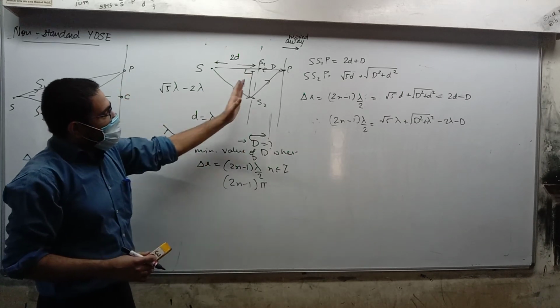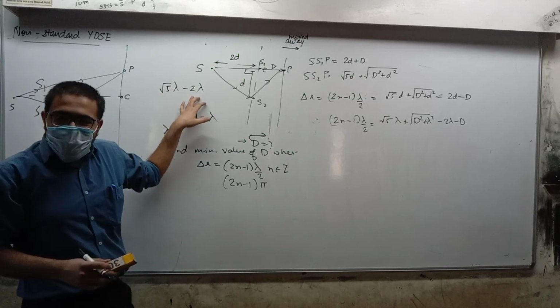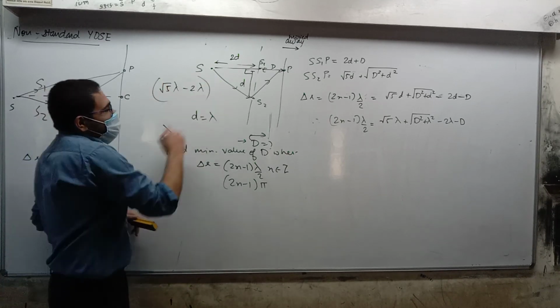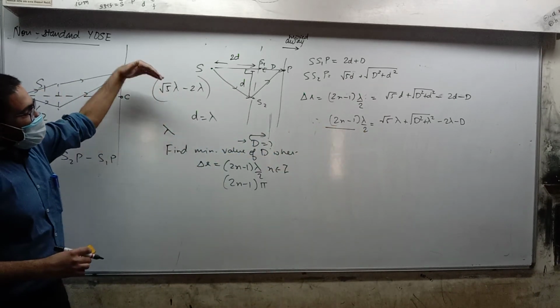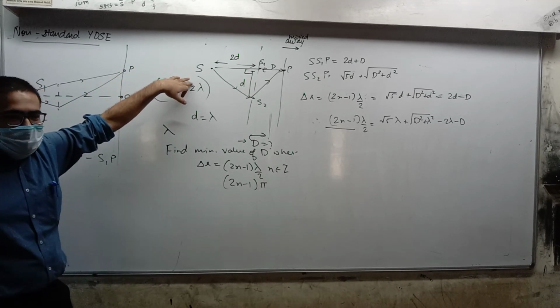So what you will do is that here when we have root 5 lambda minus 2 lambda, the first case will come when this value becomes, or goes to, the next integer. Root 5 minus 2, how much is it? It's 0 point something, correct?